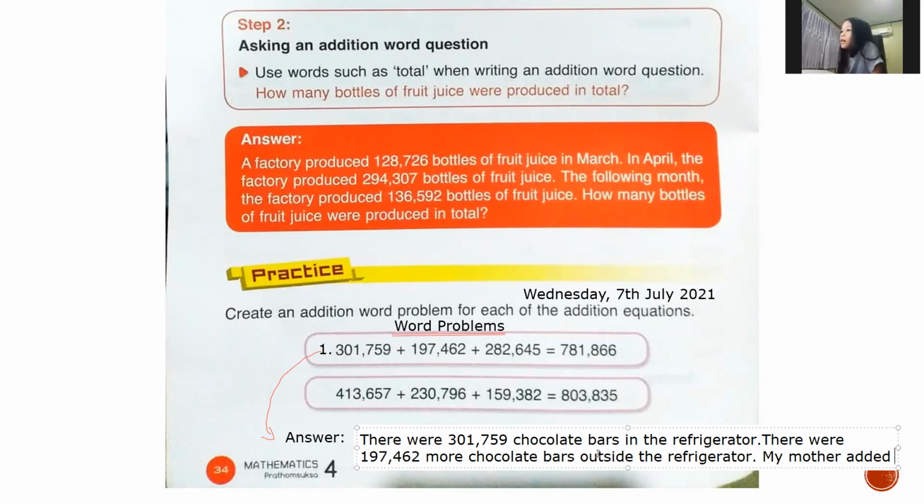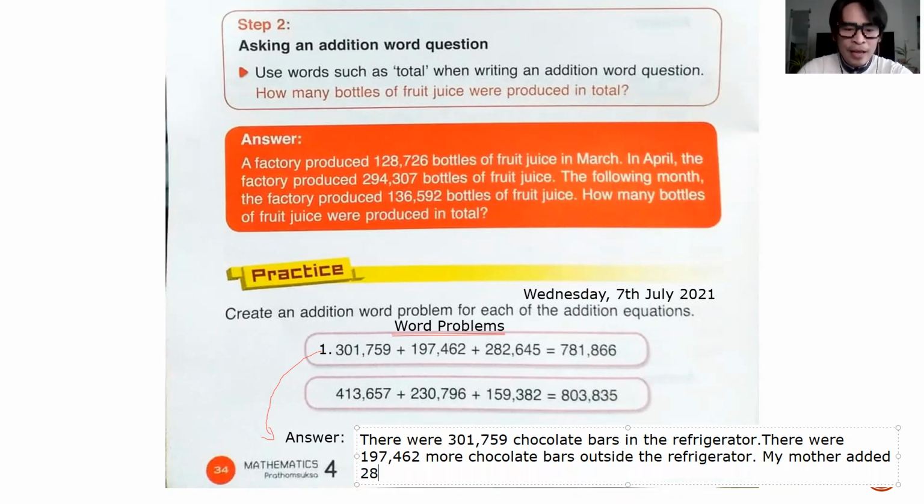How many? 282,645 more chocolate bars. Yes. This is how to pronounce chocolate. Chocolate bars. Okay.